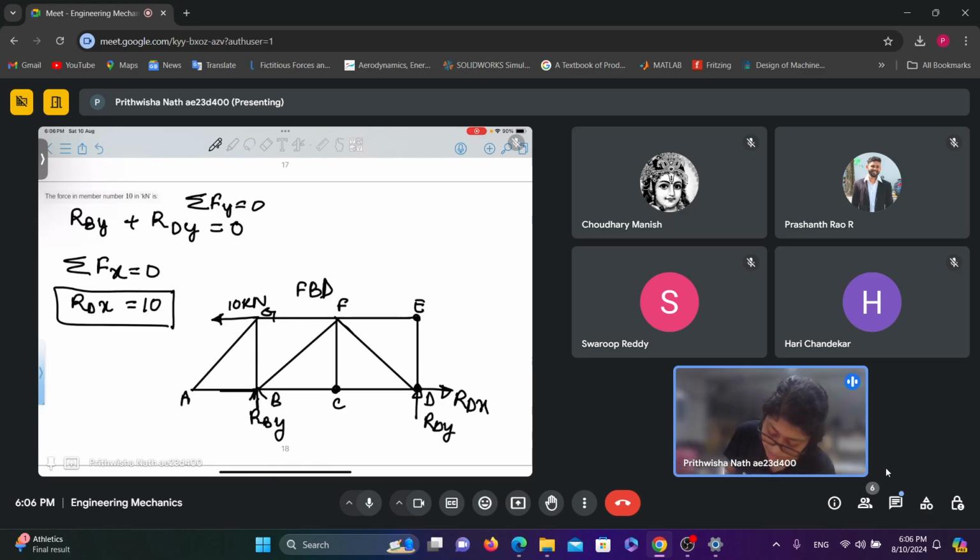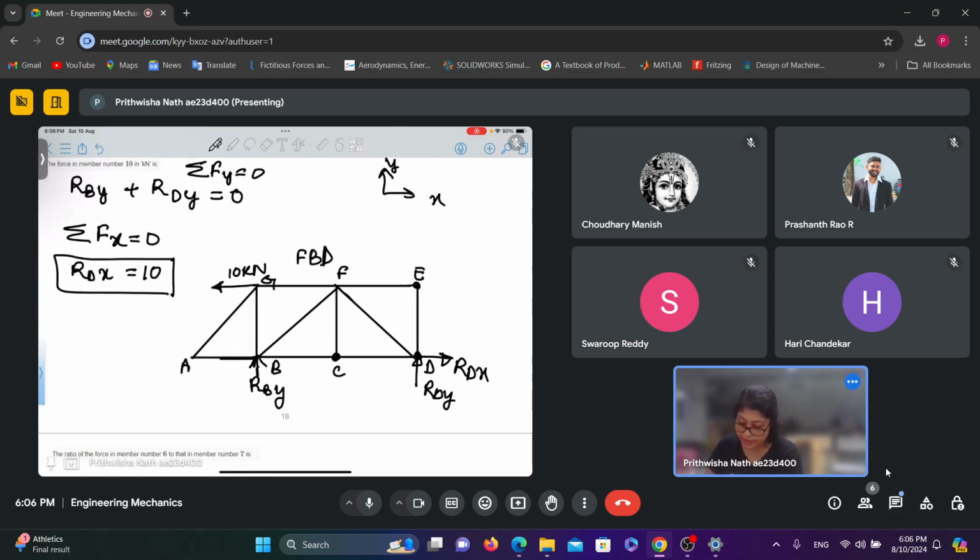So this was my coordinate system. So this is how I got RDX to be 10. Now I need to calculate RBY and RDY.